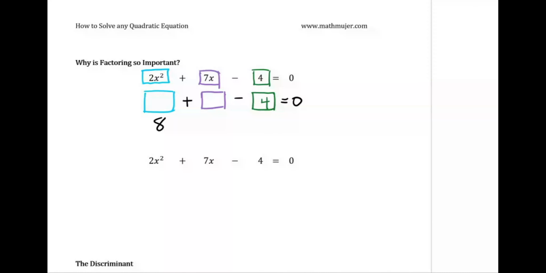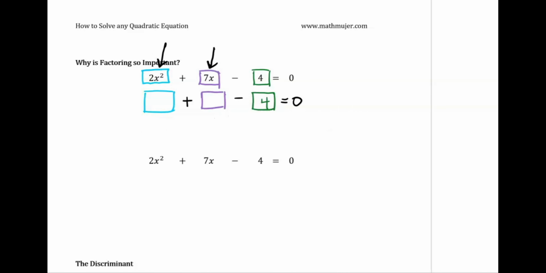If you picked 8 to go here and -4 to go here, okay, that would work. Wow, that was embarrassing. Then 8 minus 4 minus 4 would give you 0. You can't just randomly pick numbers like that. You have to pick a value of x that when you plug it into the blue box and the purple box, you will get numbers that when you then subtract 4, it all equals 0.